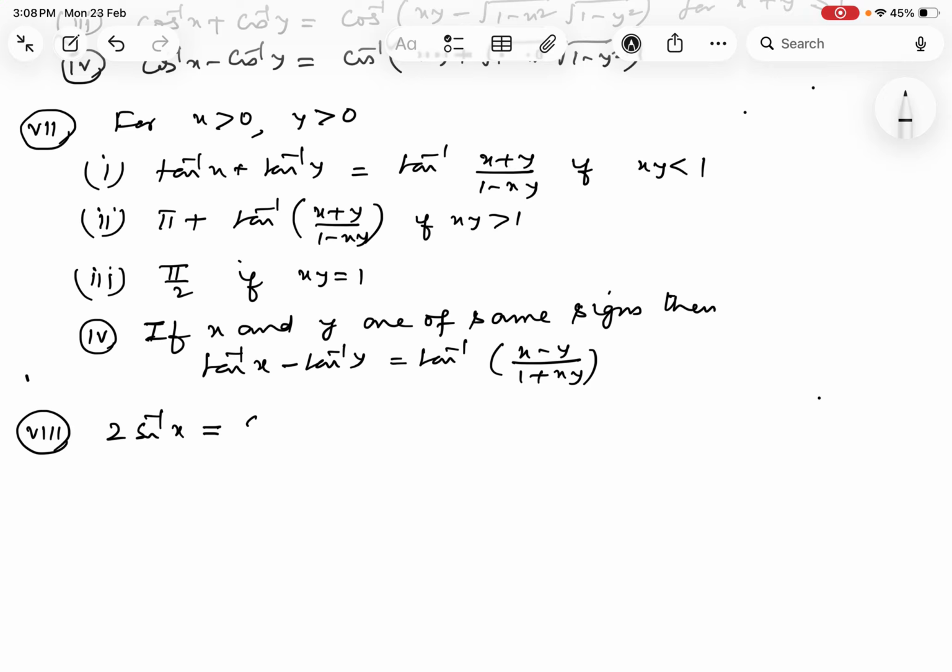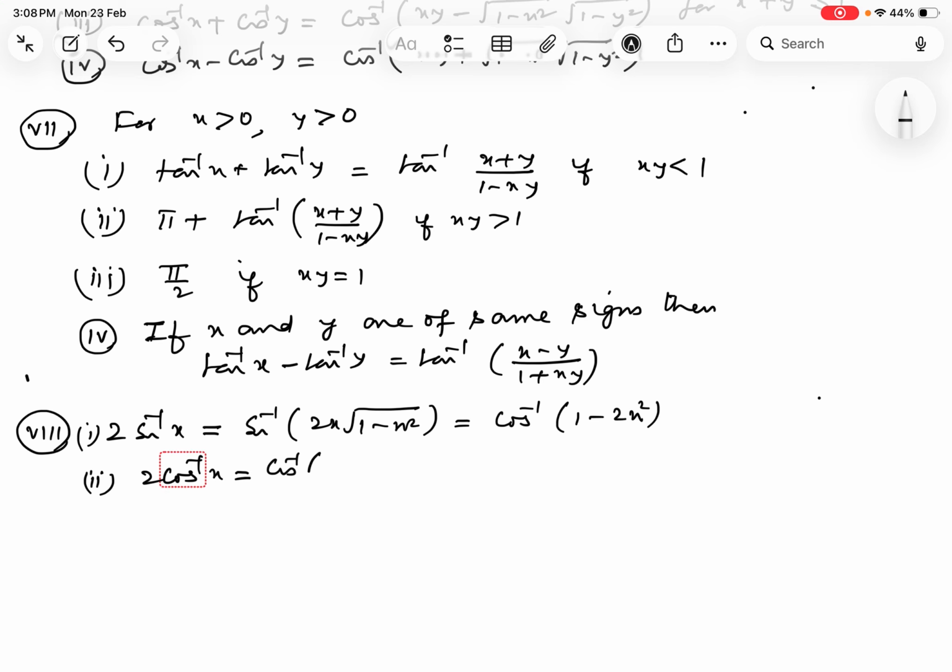2 sine inverse x is always equal to sine inverse of 2x into root of 1 minus x square, and it is cos inverse of 1 minus 2x square. Okay, this is the first result. Second result in this is 2 cos inverse x is always equal to cos inverse of 2x square minus 1, which is always equal to sine inverse of 2x into root of 1 minus x square.